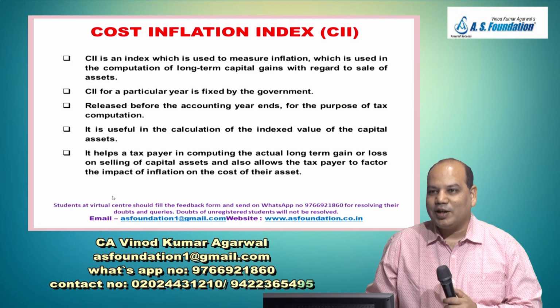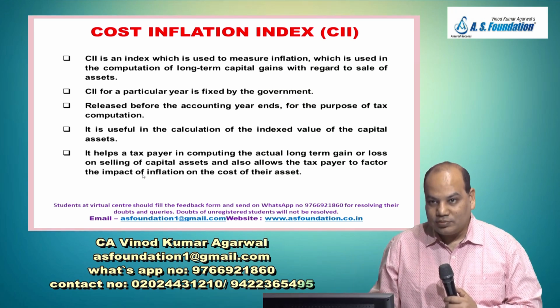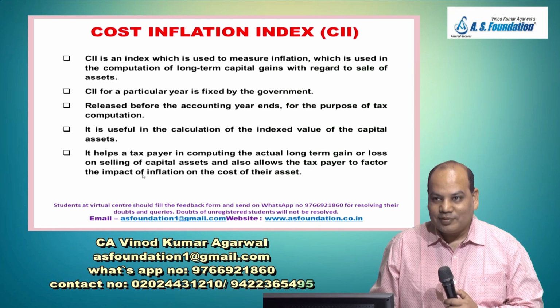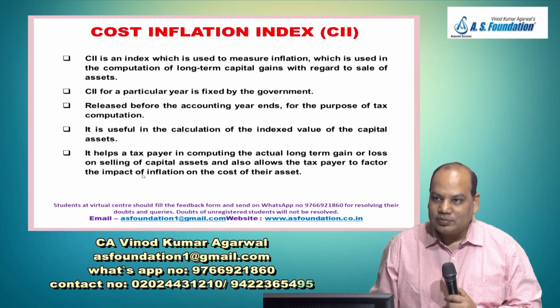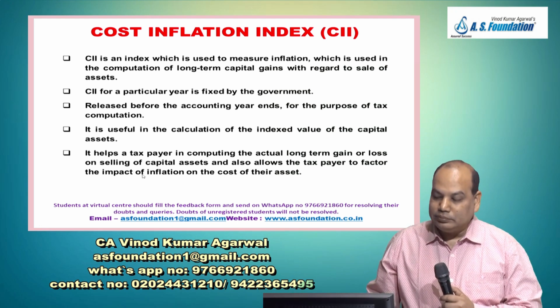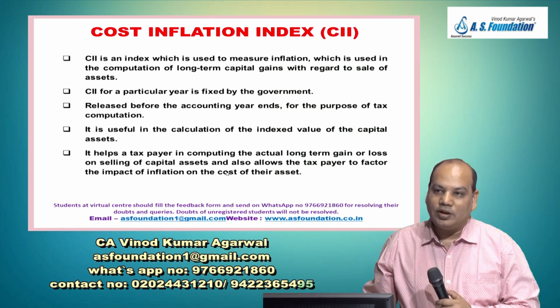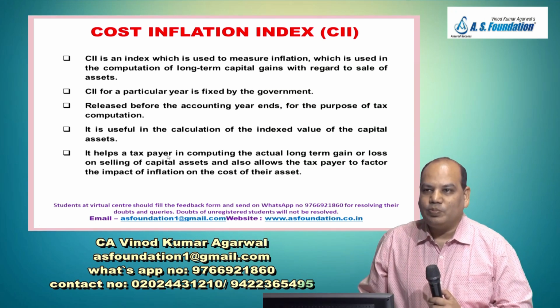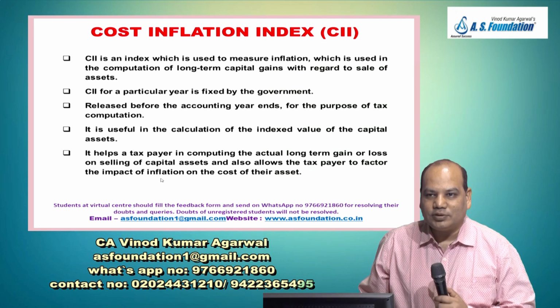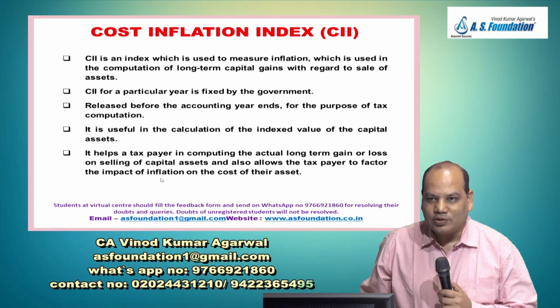So such schemes are designed so that the rich will have to pay lower tax. One benefit, indexation. Second benefit, the rate of tax is also lower for long-term capital gains. Is it right? So don't write that in the exam, but that was the pressure of rich people on the government to bring such provisions in the income tax law.